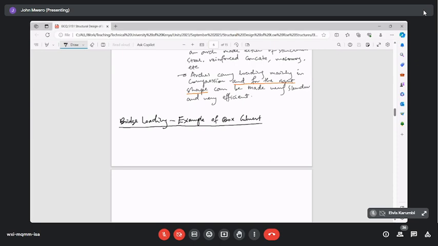So I'll write some few notes. We'll try and push this as much as possible. If we can't finish today, we'll need something like 30 minutes in one more session, and we'll be done with this content. One of the most heavily loaded structure groups in existence are bridges.